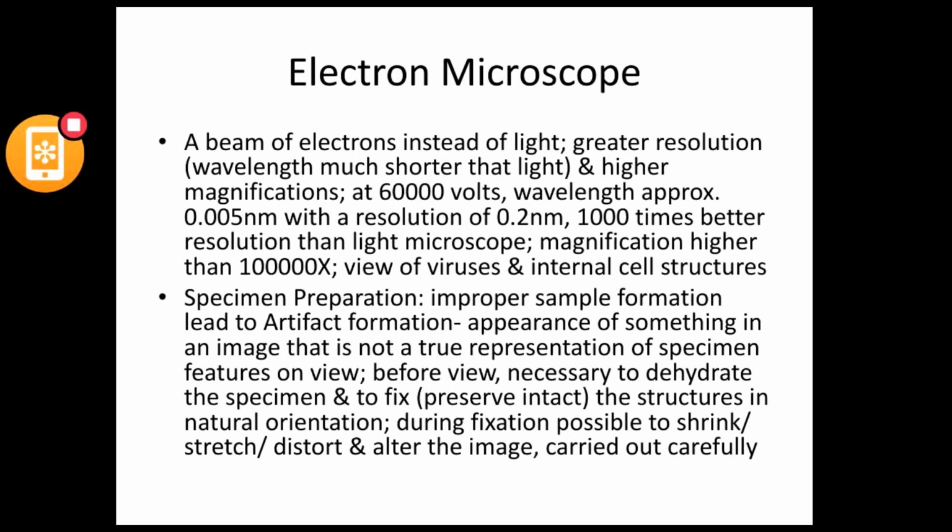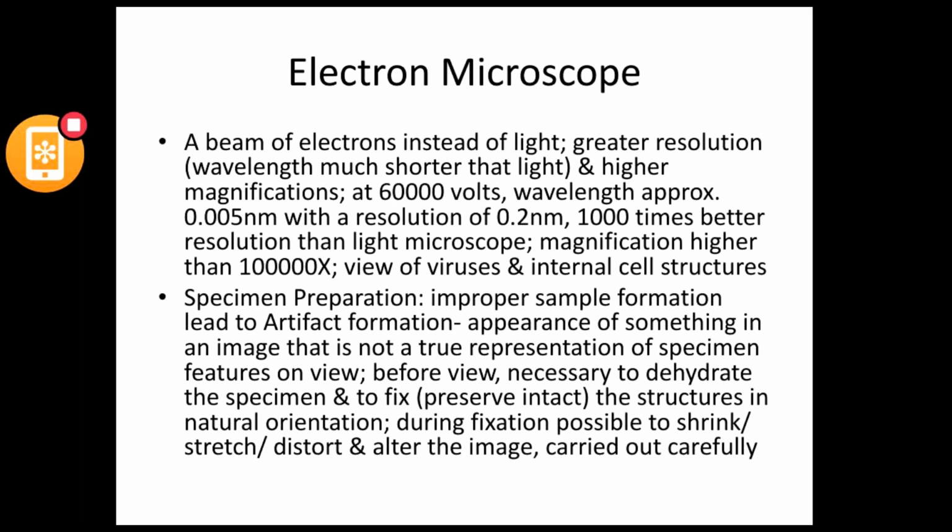Fine. Now, during fixation, it is possible to shrink or stretch or distort and alter the image. So we have to carry it out carefully. That means in electron microscopy, whenever we are performing specimen preparation, we have to perform it very carefully. Otherwise, artifact formation will take place, which means appearance of something in an image which is not a true representation.